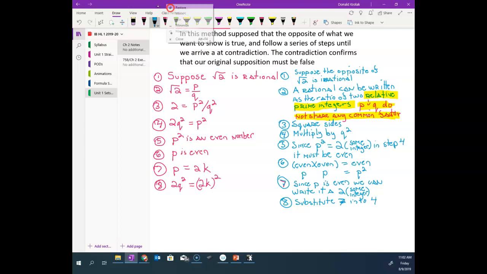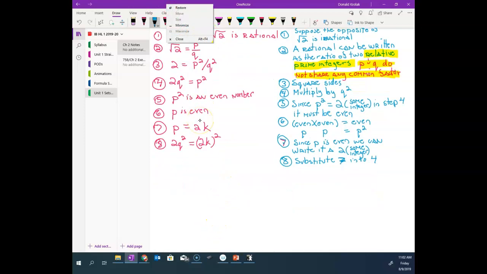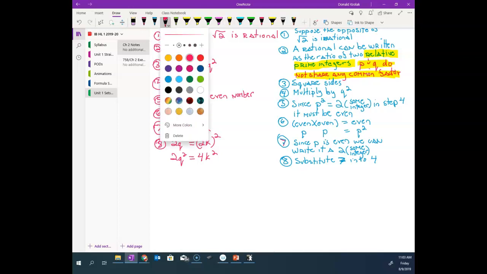So I took step 7 and I put it into step 4. So if I simplified that, that would give me 2q squared equals 4k squared. Okay, so I'm just going to say I do that substitution and then simplify.